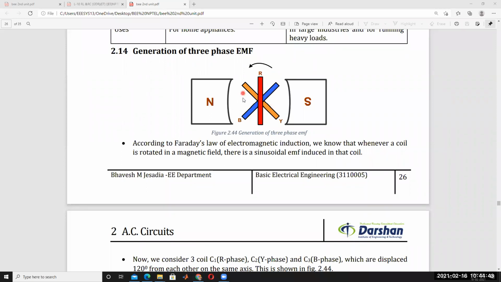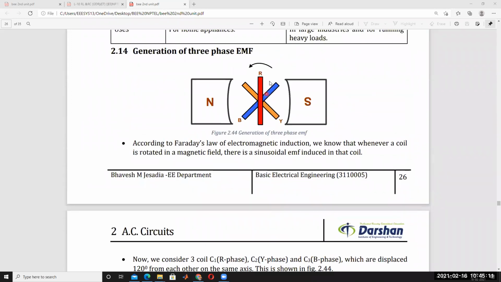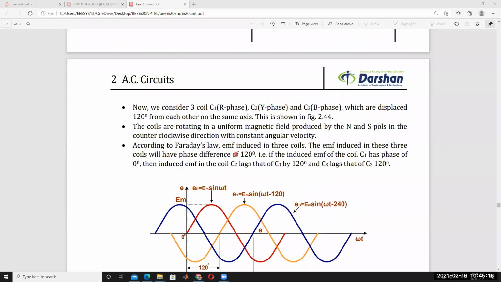The coils are rotating in a uniform magnetic field produced by the north and south poles in the counterclockwise direction with constant angular velocity, that is called omega. So, in anti-clockwise direction.